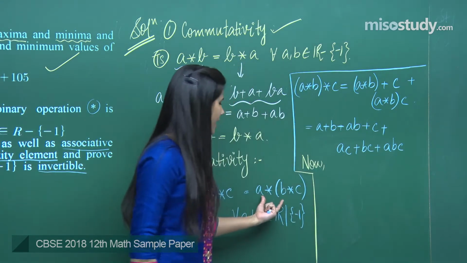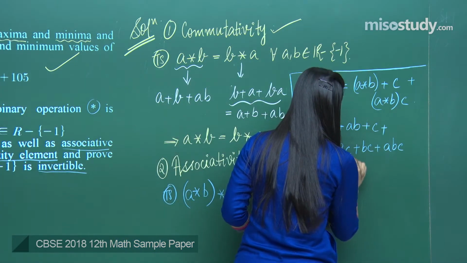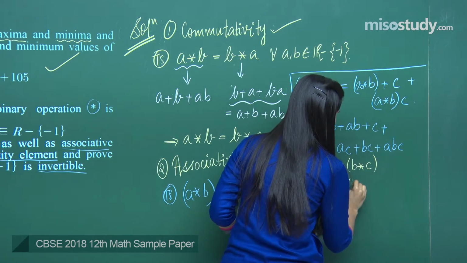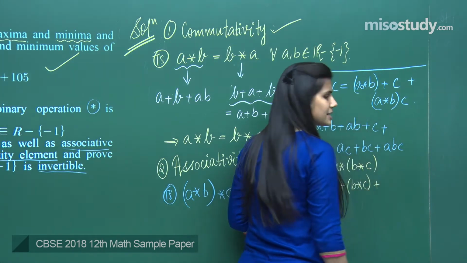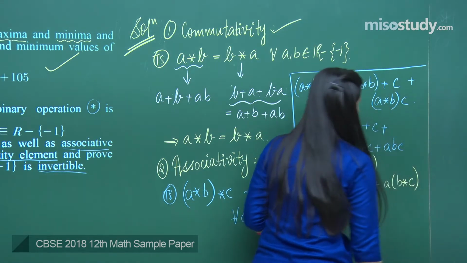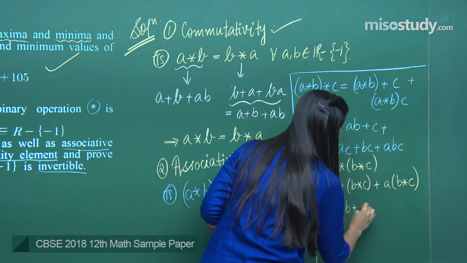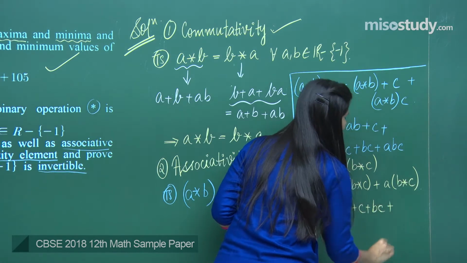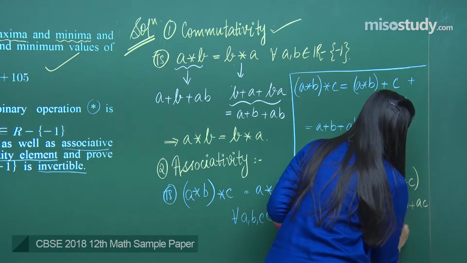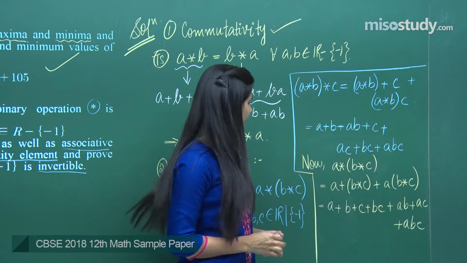Now I wish to move to what? Let me now pick up the right hand side, which is A star (B star C). So first term plus the second term plus the product of the two terms, which is A into (B star C). So this becomes A plus B plus C plus B into C plus A into B plus A into C plus A into B into C. And now you can compare.